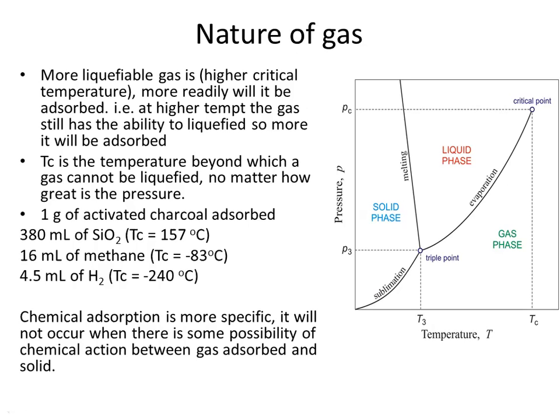Sulfur dioxide adsorbs more than methane, and methane adsorbs more than H2, because sulfur dioxide has a higher critical temperature. That is the definition: the higher the critical temperature, the more is adsorbed on the surface of the adsorbent.